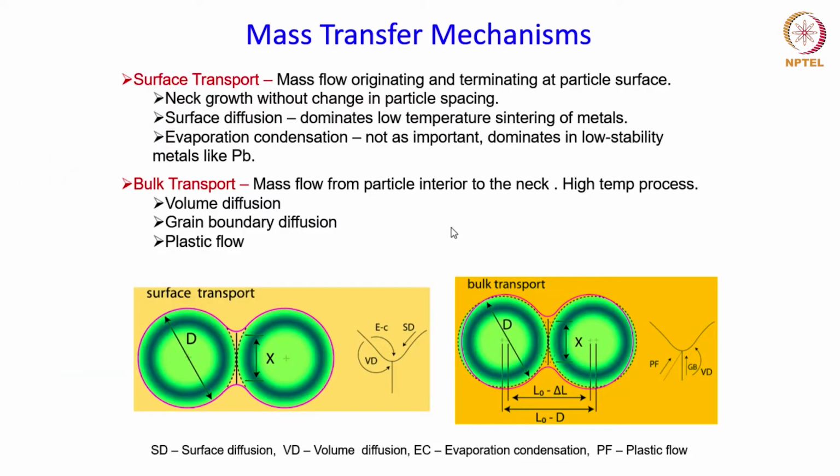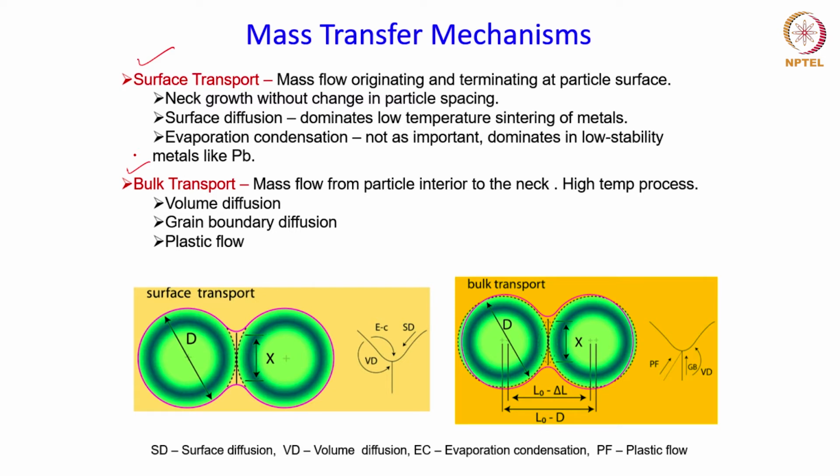Now let us come back to the mass transfer mechanisms of sintering. Here we have seen there are distinct paths across which the matter is transported towards the neck. These mechanisms, in terms of the path, can be categorized into two broad categories: surface transport and bulk transport.